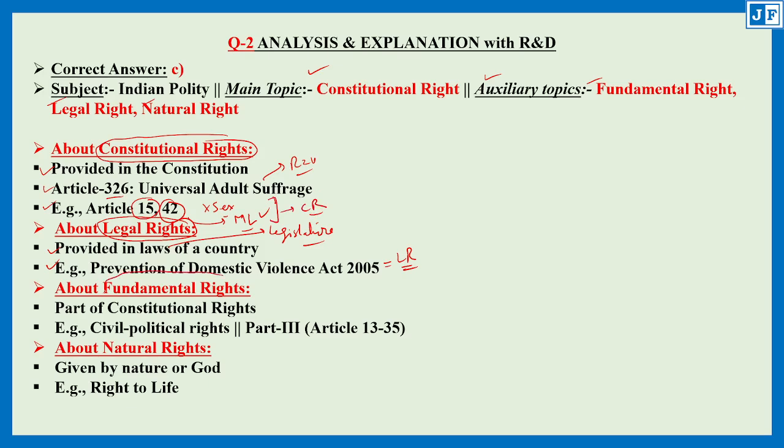About fundamental rights, fundamental rights are also mentioned in the Constitution. These are part of constitutional right. They are civil political rights and contained in Part 3 of Indian Constitution. Natural rights are rights that are provided by nature or God. These are some basic and essential rights that a person should have, for example, right to life.